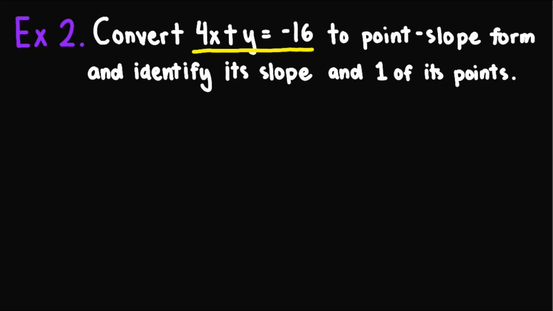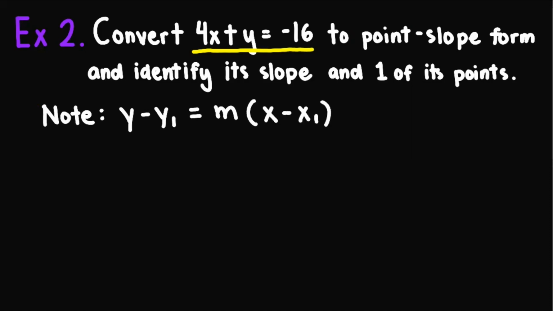So first, note that the point-slope form is of the form y minus y sub 1 equals m times x minus x sub 1. So we'll try to convert the given into this form.